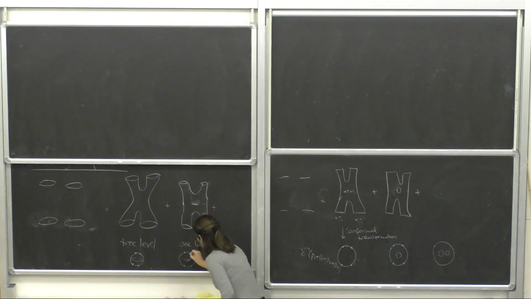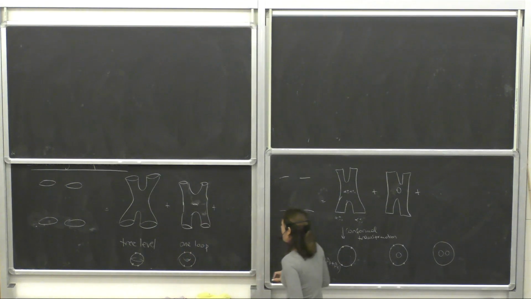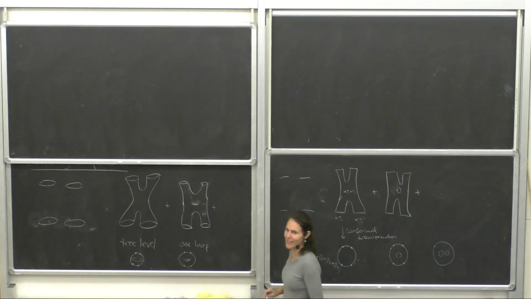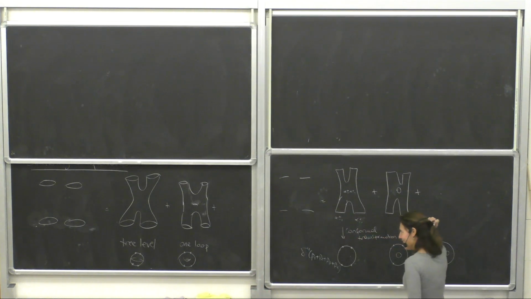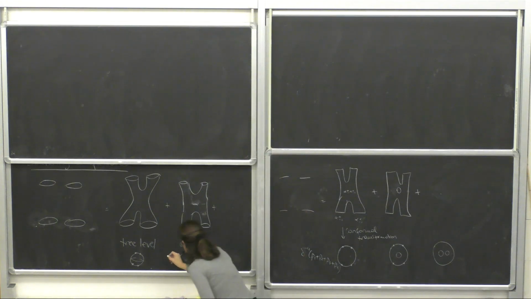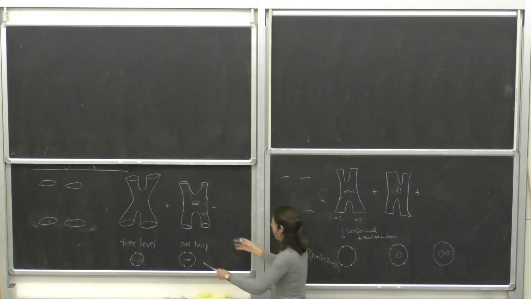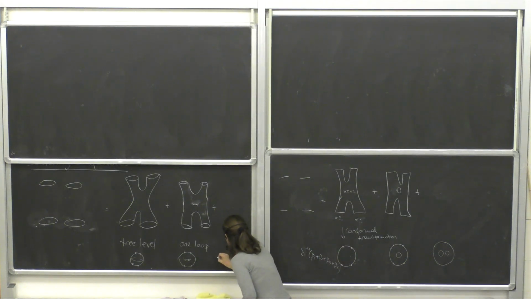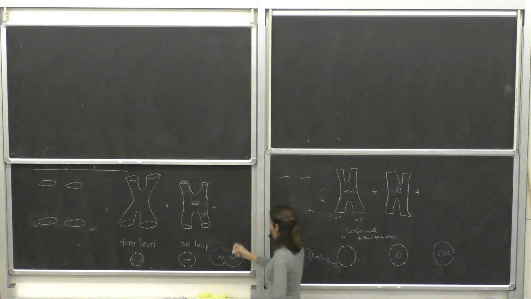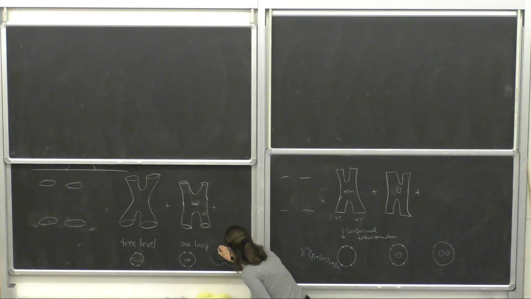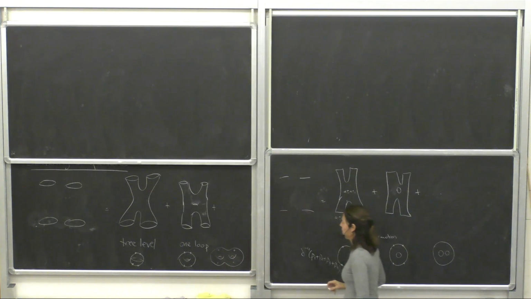Etc. And you get more handles. If you do the 2 loop, it's something like this. You can do a conformal transformation and map it into this, and you always have these 4 punctures somewhere.